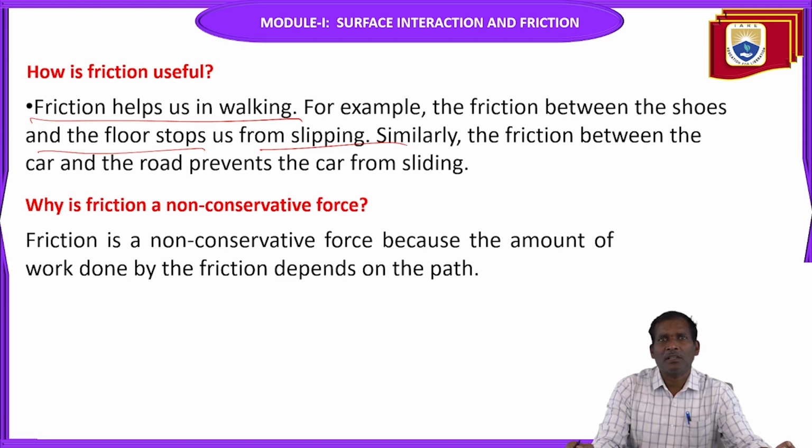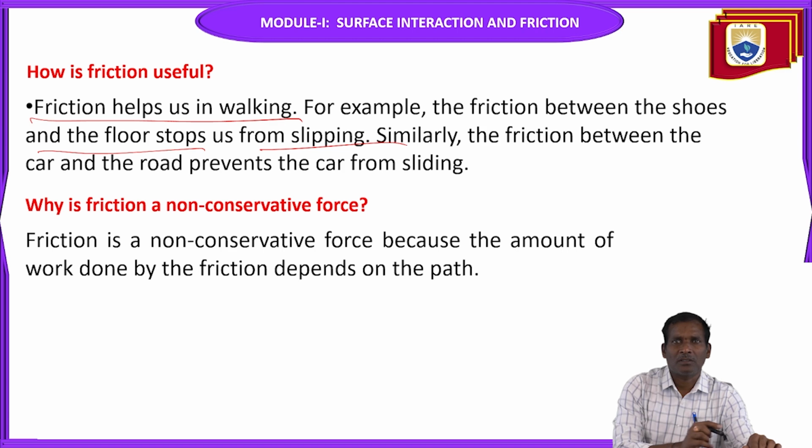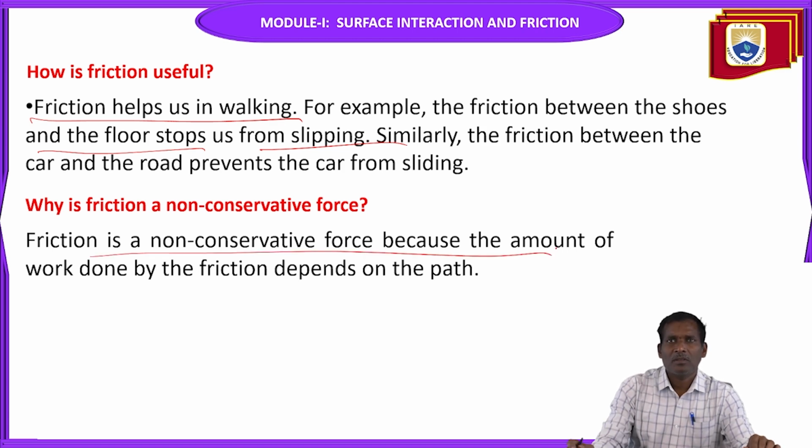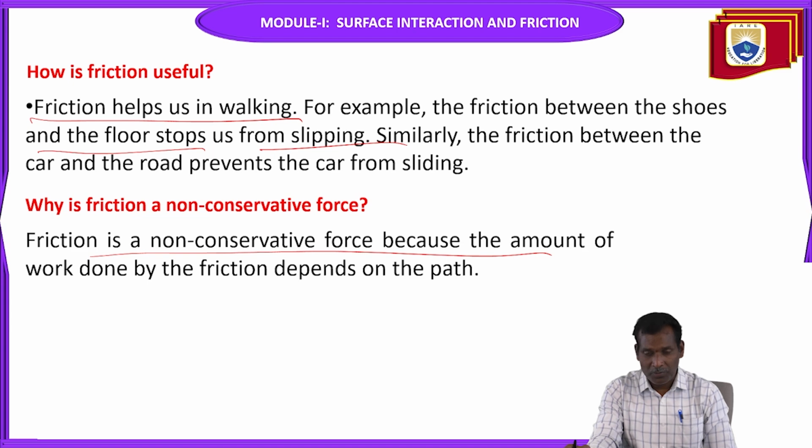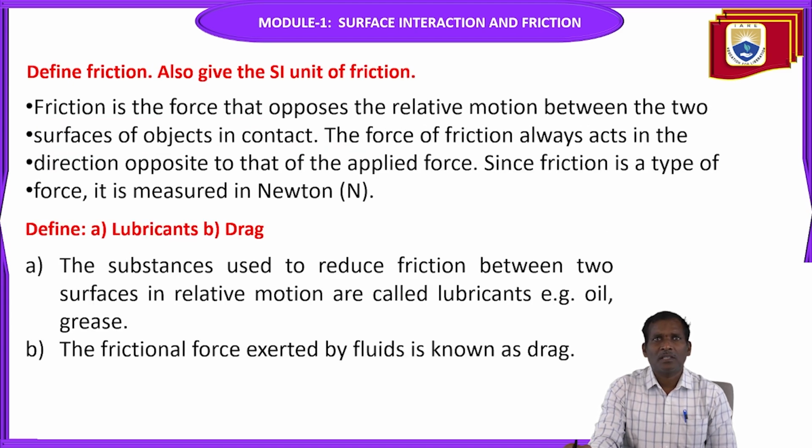Why is friction a non-conservative force? Friction is a non-conservative force because the amount of work done by friction depends on the path. Next, define friction and give the SI unit of friction.